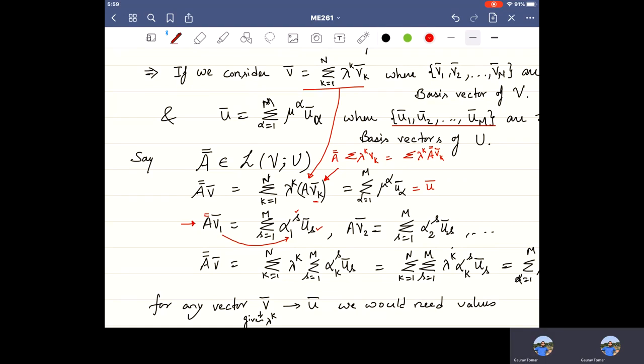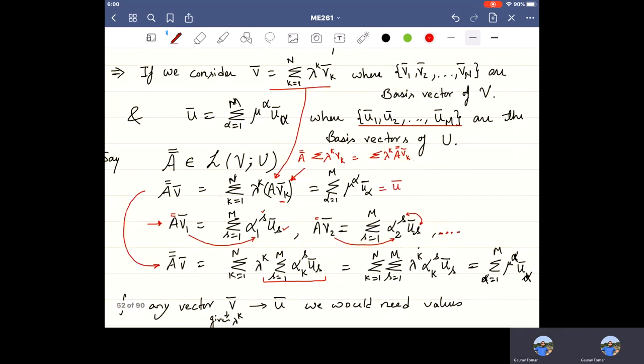Similarly, AV2 can be written as alpha 2s Us. Now if we plug in these definitions for all the basis vectors of V into our original expression, we will be writing summation k equal to 1 to n lambda k, and AVk now written in terms of the Us vectors.